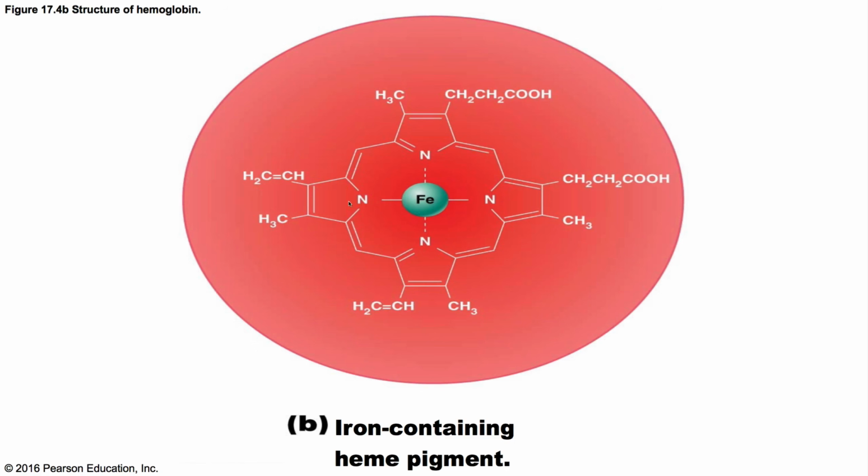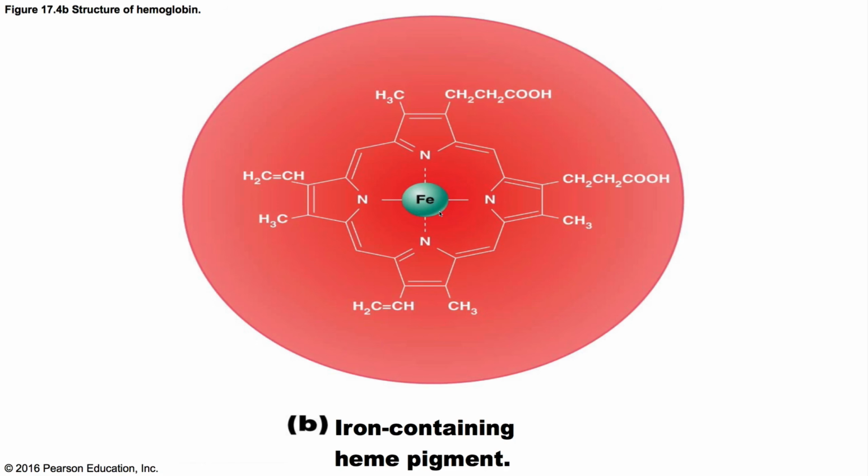We have lots and lots of these rings over here. We have a nitrogen atom here as well. And then over here, centrally located, you have this iron atom. So remember, this is an ionized form of iron. This should say Fe2+. And it's because it's ionized that it gives the ability for oxygen molecules to bind.